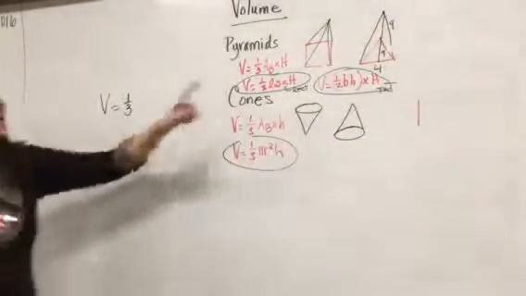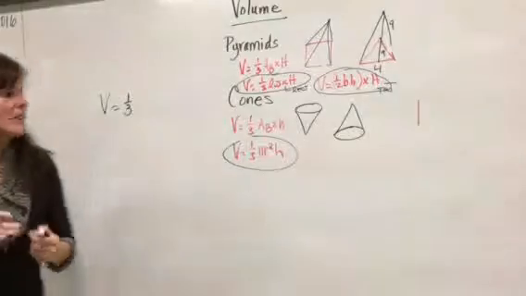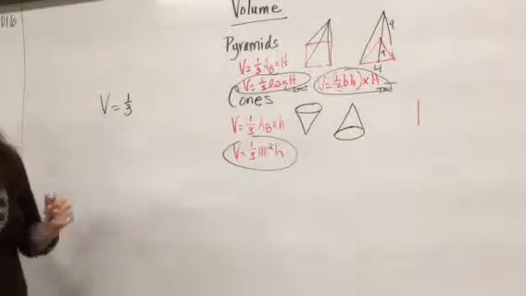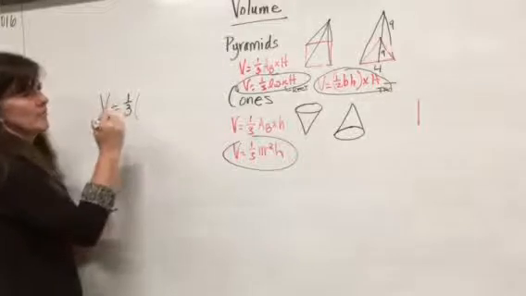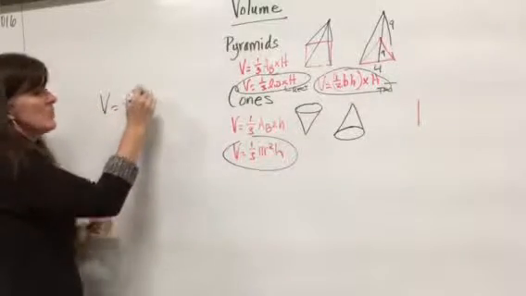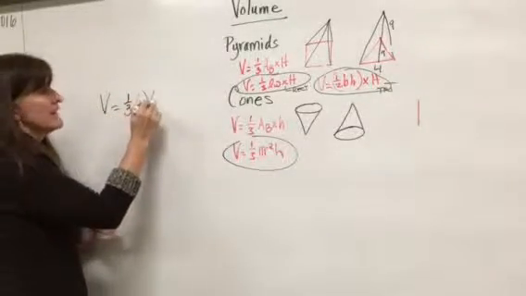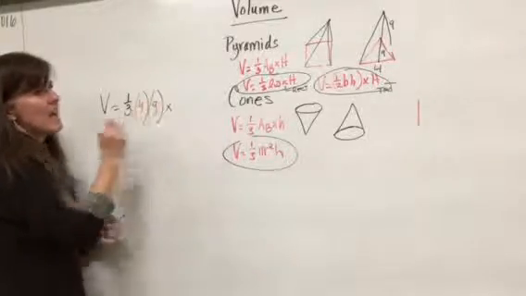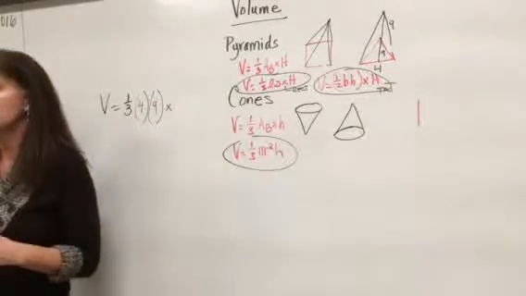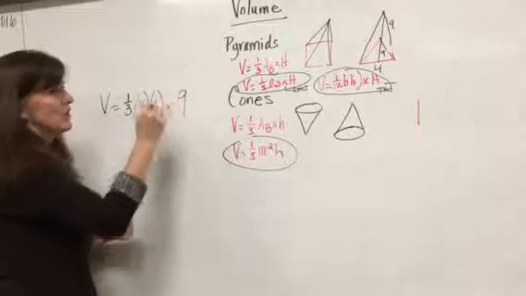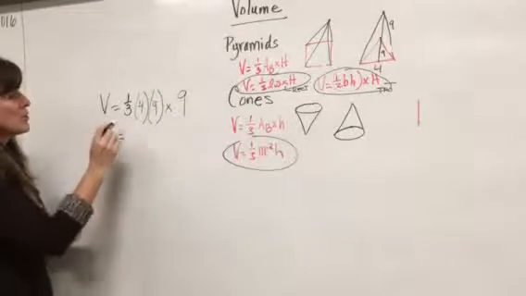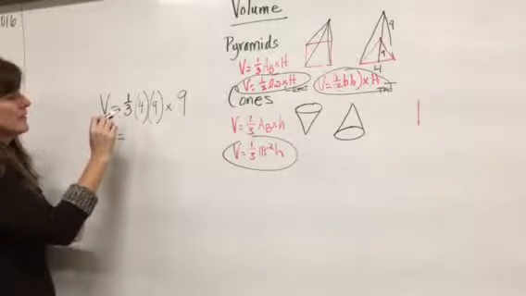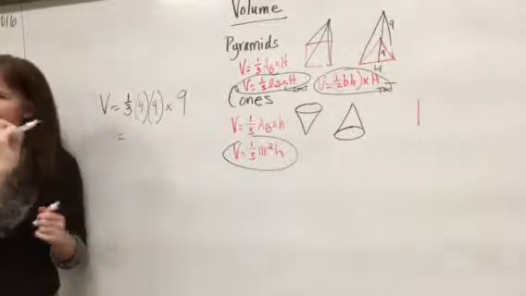Okay, so we're on to 1/2 base times height. What is the base of the base, I guess? 4, good. And what's the height of the base? 9. And then times, what's the height of the whole thing? 9. Good. These are 2 different 9s. So we're going to do 1/3 times 9.